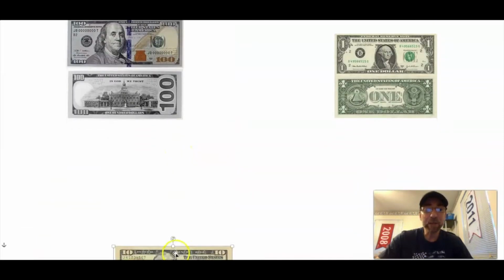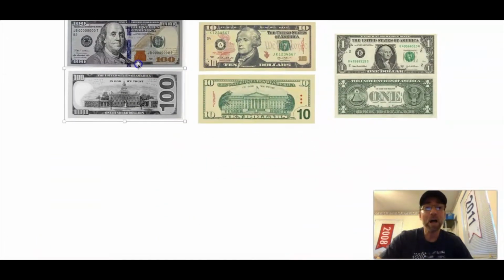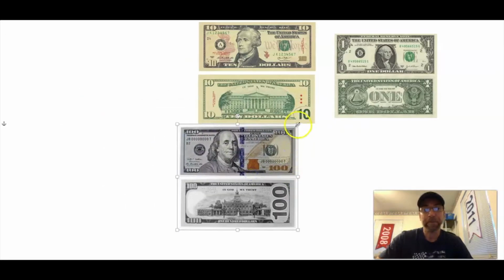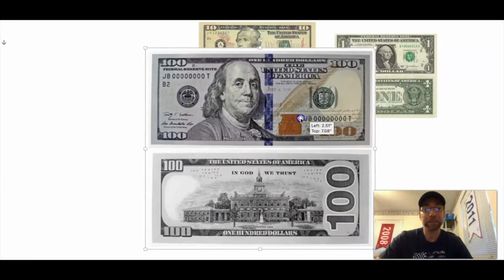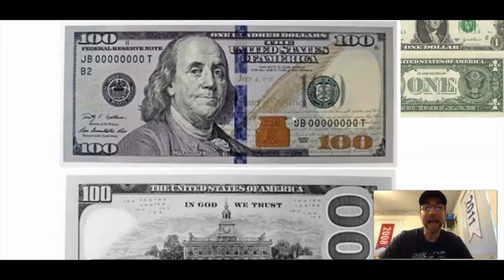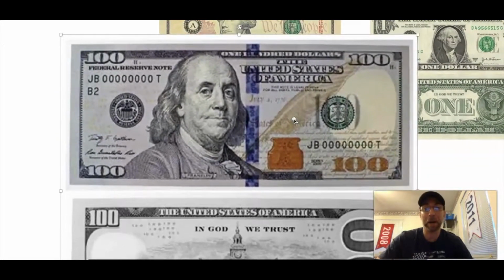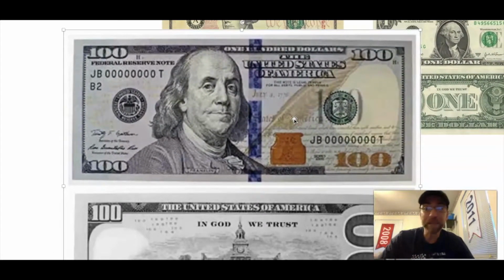And then if we took a closer look of the $100 bill, well, you're going to notice that again, we have a famous person on there. Again, it's not a president. This is Benjamin Franklin, another famous American.